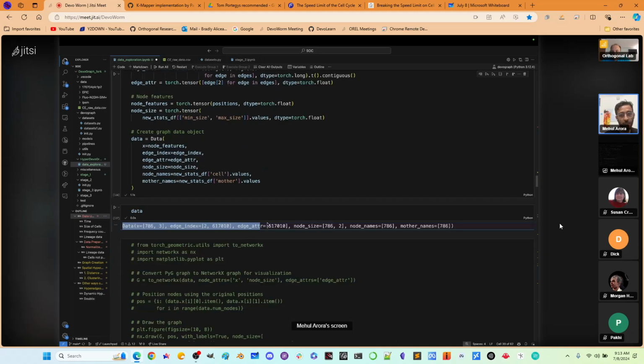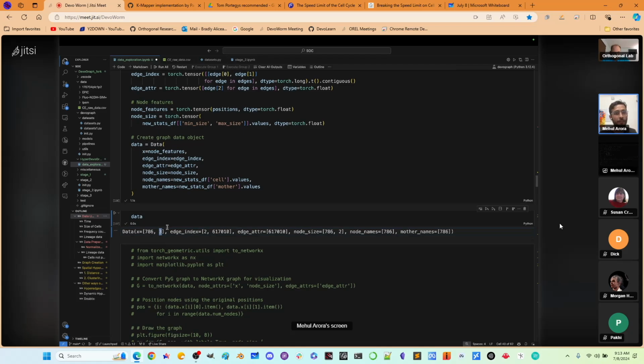So this is how our complete data looks. We have 786,3. So 786 is the number of cells or nodes, and 3 is the number of features. In features, I have included the size, which is min size, max size, and there was one more thing.